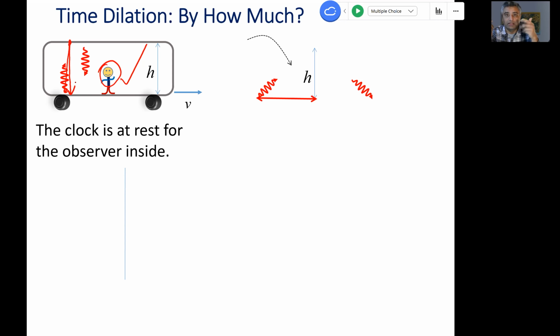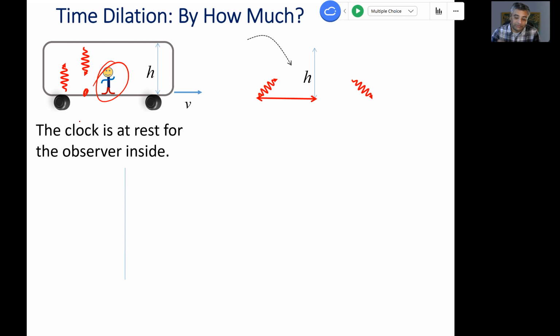What is a clock? A clock is some sort of device that measures the time interval between two events, right? One event, light gets emitted. Another event, light comes back, okay?